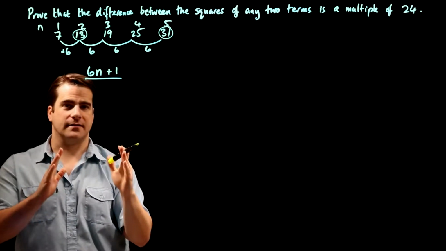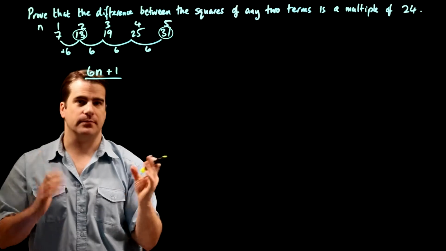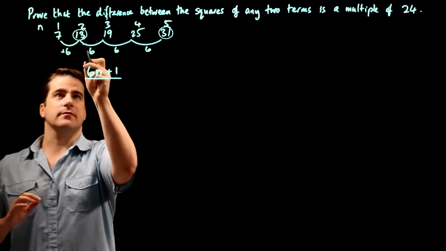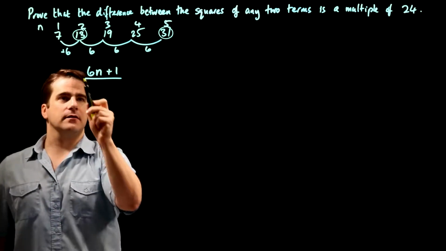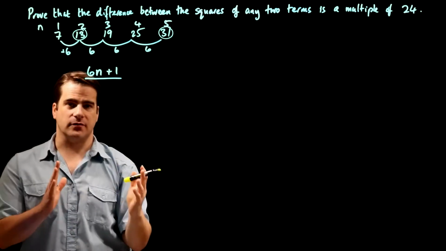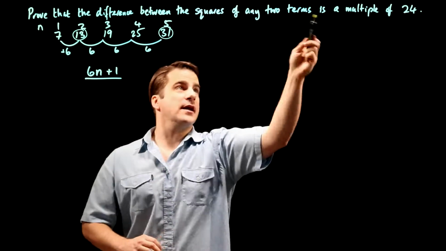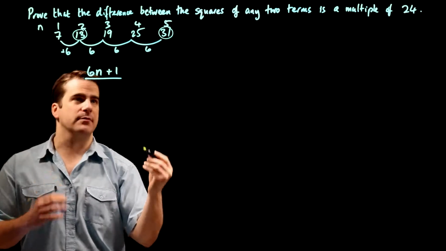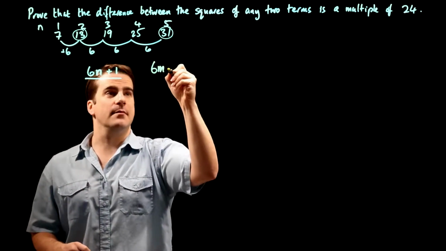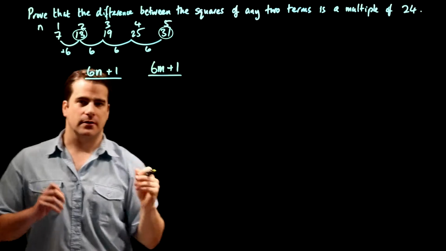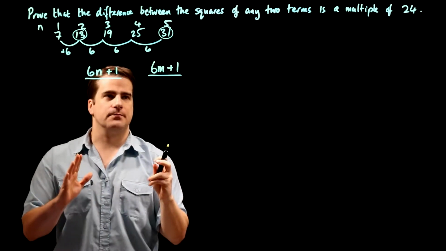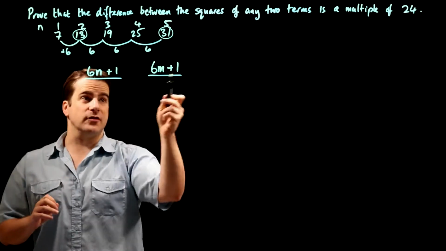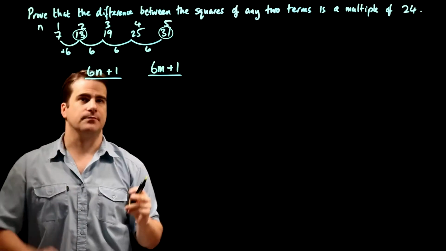So let's use the letter m, okay? So the nth term, this one say, its value would be 6n plus 1. The other term, any two terms, the mth term, its value will be 6m plus 1, okay? 6m plus 1. Are you with me? So you need to be able to introduce this by yourself as well.